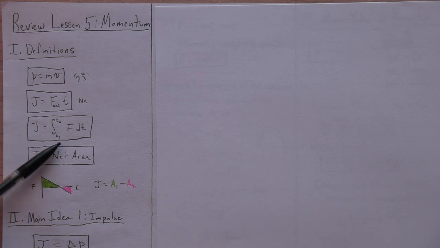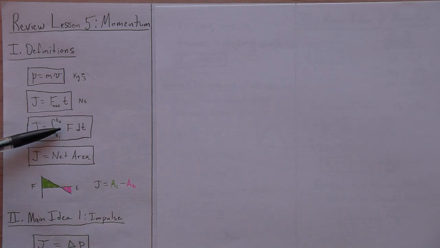Also, as we know from calculus, when you integrate, it gives you the area under the curve of a force versus time graph. So impulse is also net area. Similar to work, when we did force times distance, or F dx integrated from one x coordinate to another, giving us the work.